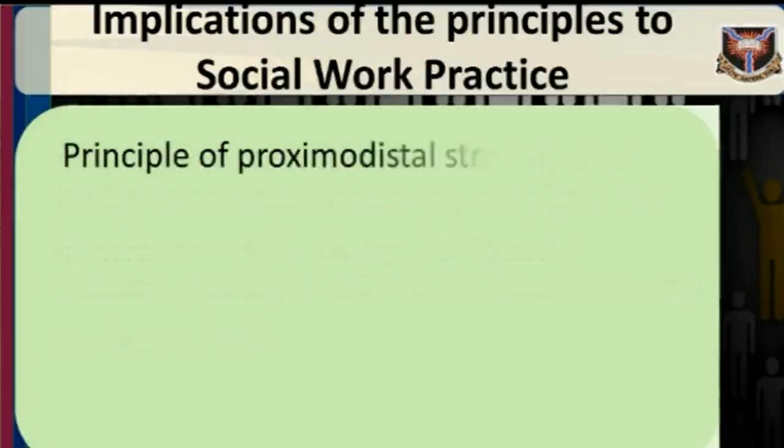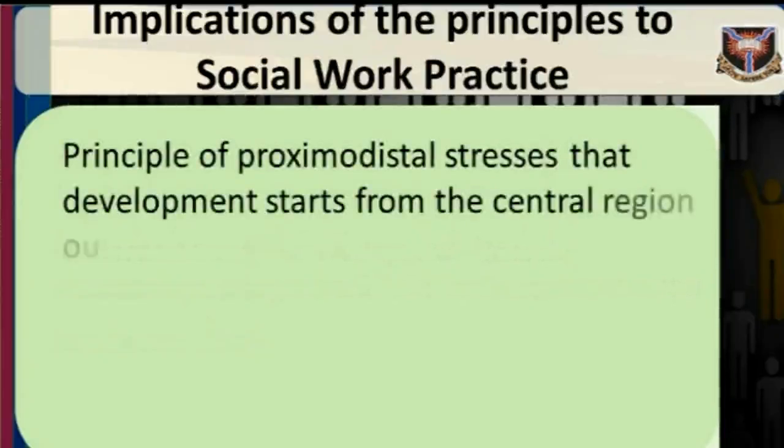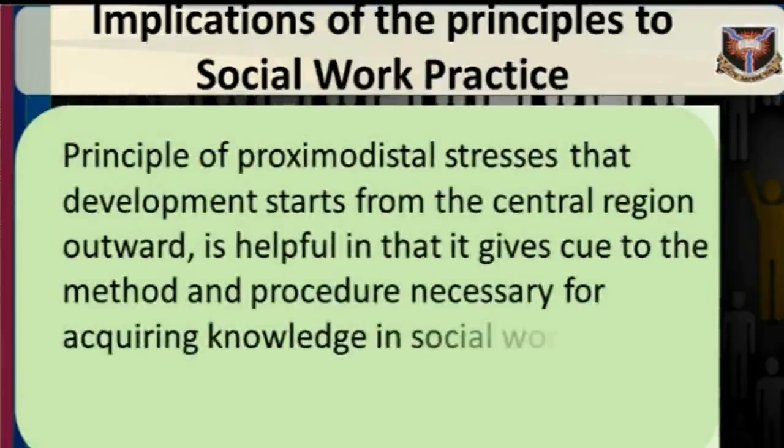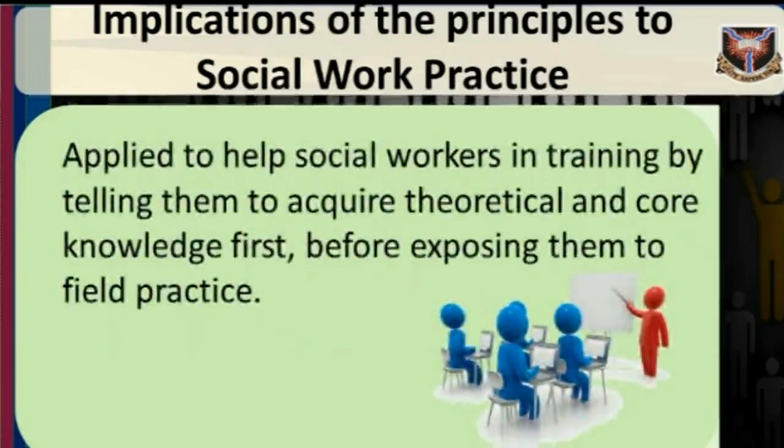The principle of proximodistal, which stresses that development starts from the central region outward, is helpful in that it gives a cue to the method and procedure necessary for acquiring knowledge in social work. It can be applied to help social workers in training by telling them to acquire theoretical and core knowledge first before exposing themselves to field practice.